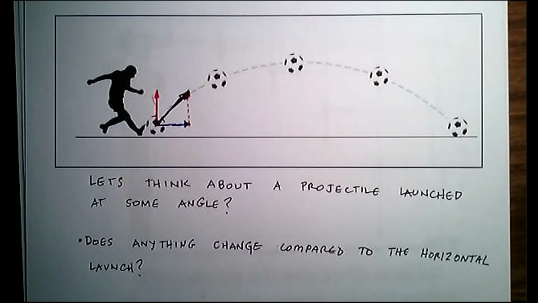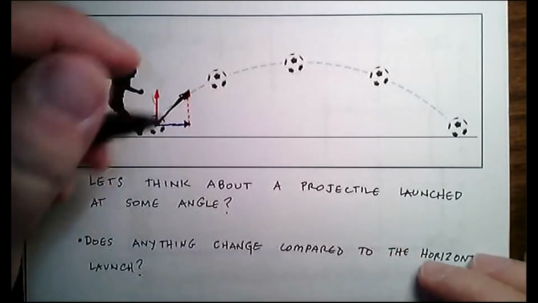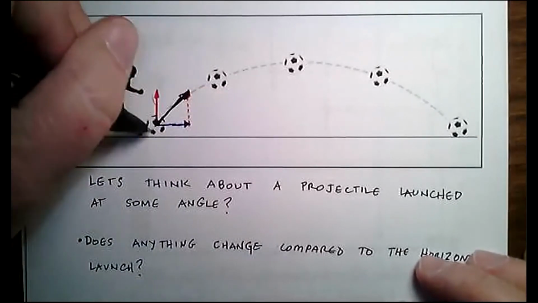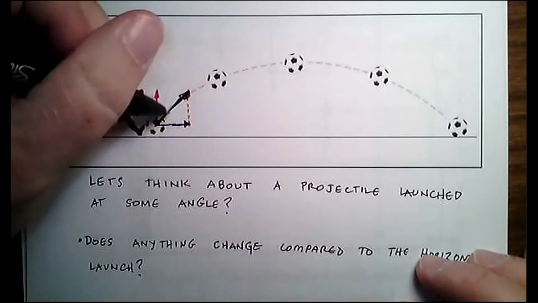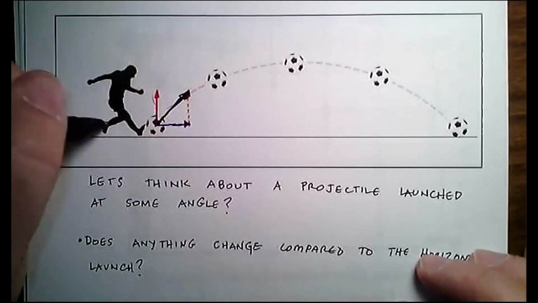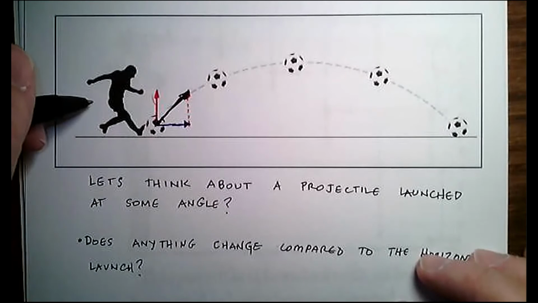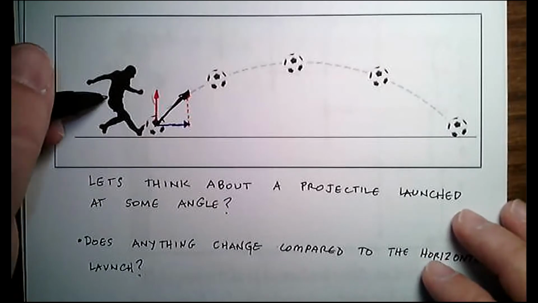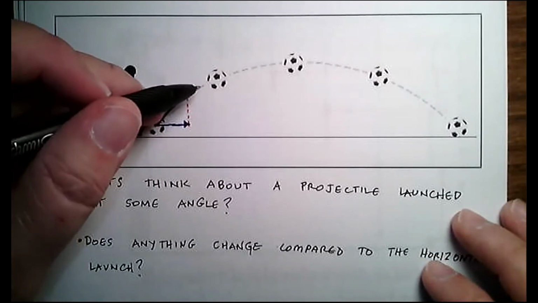Now, let's say that the ball flies up into the air, and no longer is his foot in contact with the ball. As soon as it comes off his foot, the ball's flying through the air. What you could say is he has no control at all over the ball now. Isaac Newton and gravity have all the control.